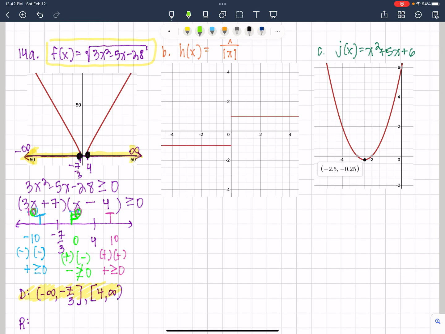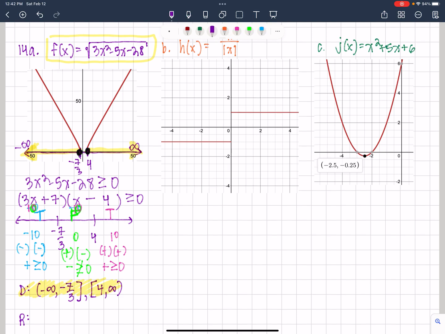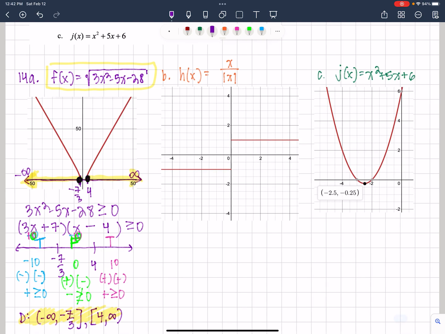Now our outputs are going to be what we call the range. And our outputs for this particular function, we have outputs that start at 0 and continue to go up to positive infinity. So our range is representative of all of the y values.